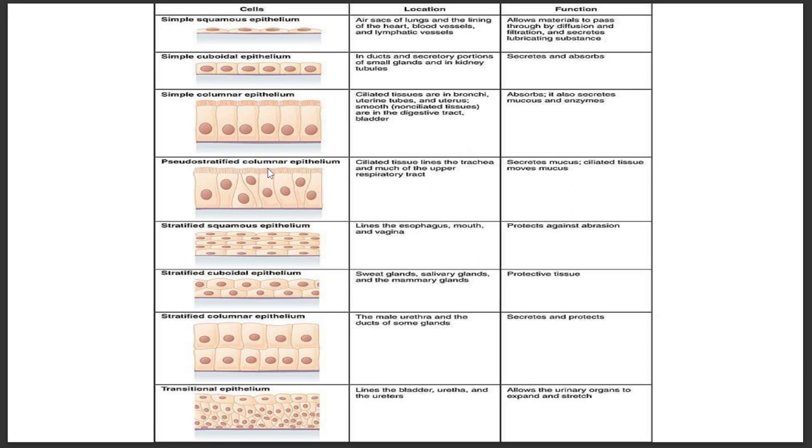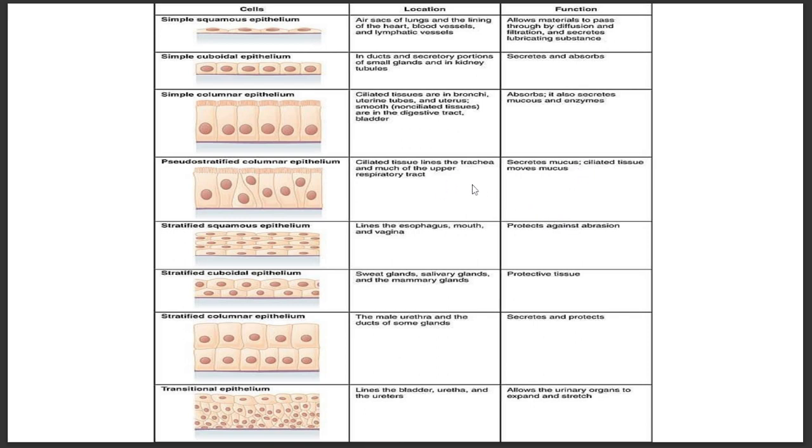Also, the pseudostratified. Pseudostratified is also thick. As we can see, it is much longer going up. So, what is the function of the pseudostratified columnar? It is there for secretion of things like mucus, and also the ciliated tissue. If it has cilia, in the case of ciliated pseudostratified columnar, the cilia are there to push the mucus.